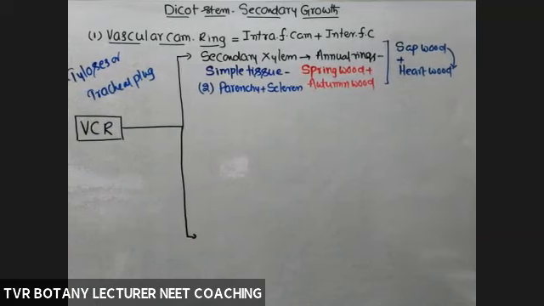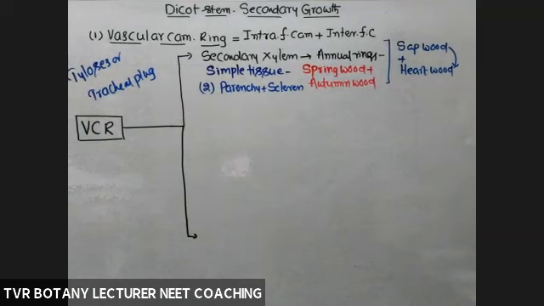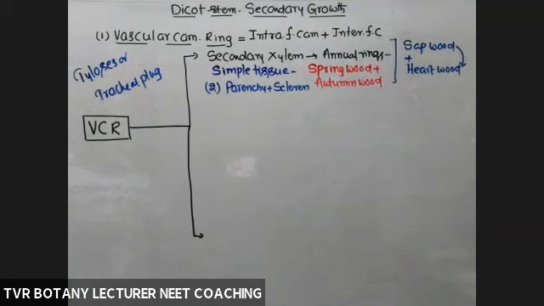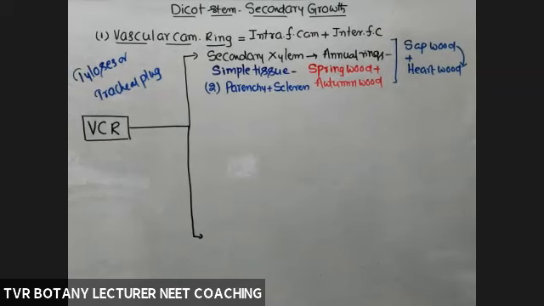So what is a tracheal plug or tyloses? They are the balloon-like structures which are produced by xylem parenchyma into the lumina of vessels. So in the older xylem vessels, tyloses are produced.